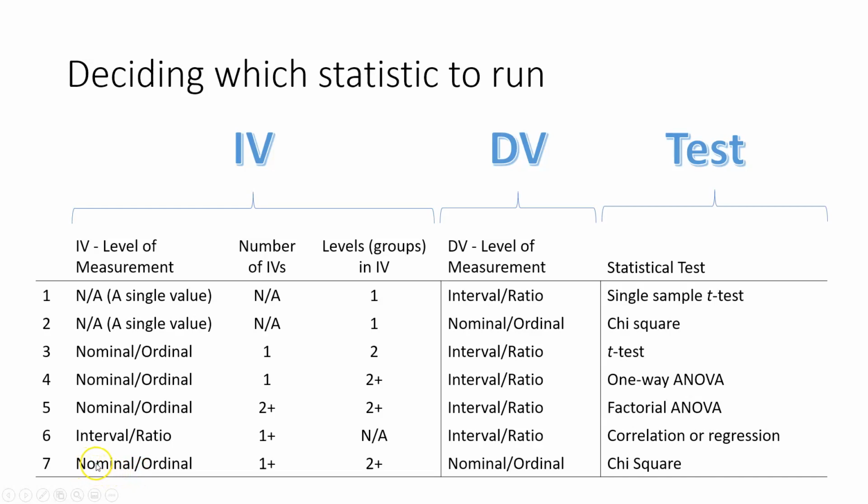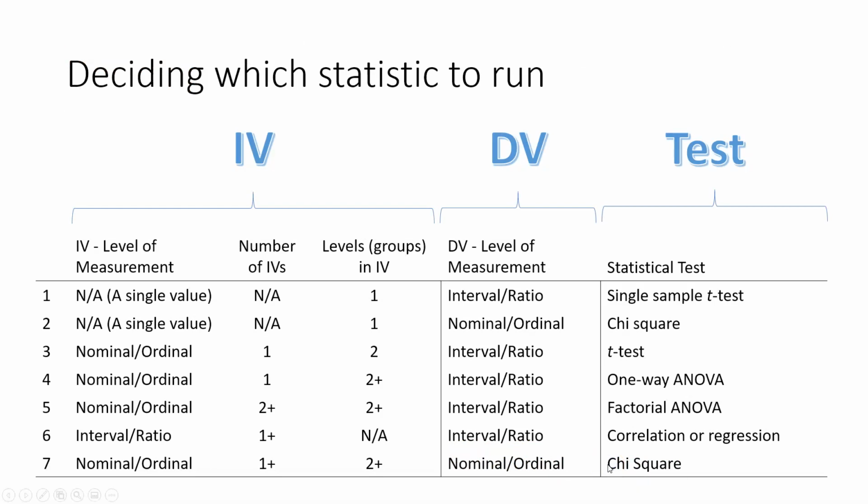And then each of those would be a level of that variable that's a nominal or ordinal variable, a categorical variable. And because you're just saying the percentage of males, yes or no, male or female, this binomial variable, because you're just comparing the percentages here, then you would use a chi-square.